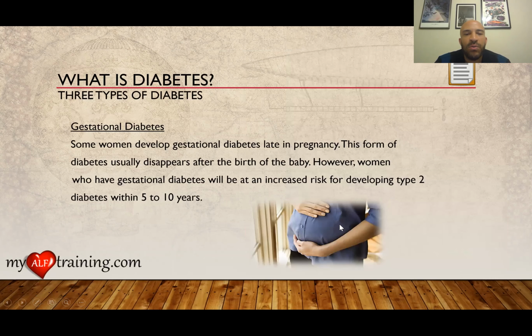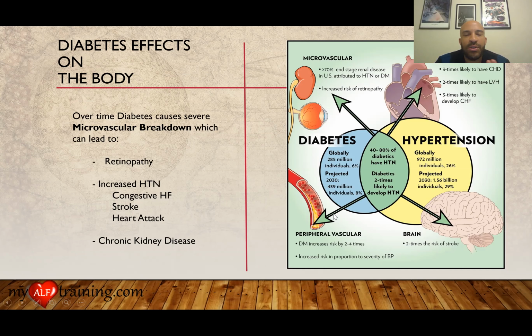So if there's more glucose in the blood, which there shouldn't be, it can cause increased peripheral vascular disease, which is basically a buildup. Just imagine some old pipes. It's getting rusty and there's buildup on the side, so the water isn't flowing through as it should be. This is the microvascular breakdown.